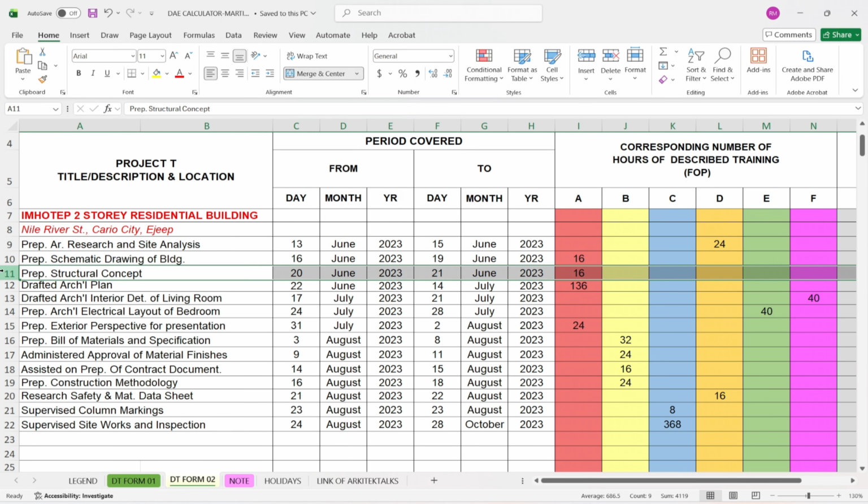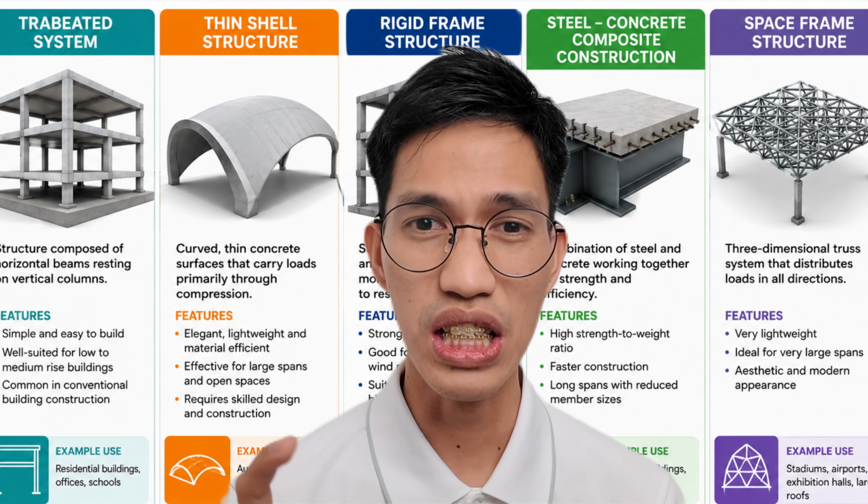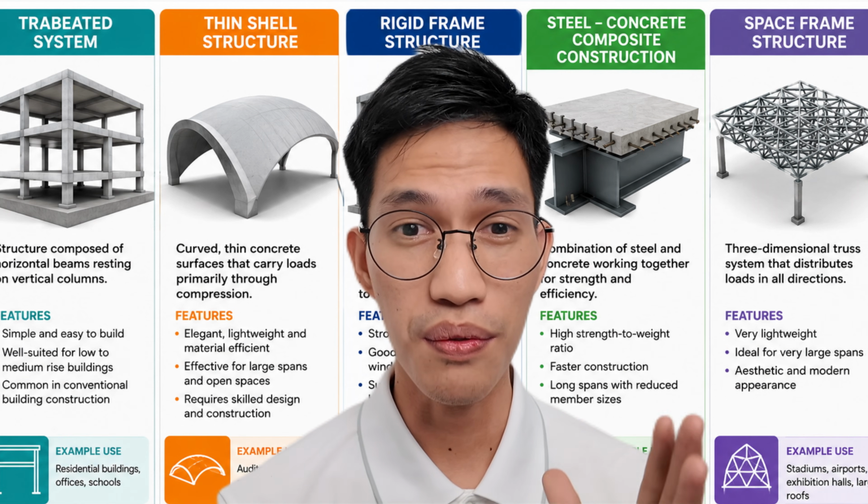Next is prepared structural concept. Structural concept is essential in planning. Like for example, if you wanna build a warehouse, ano nga ba yung concept na mas okay? Is it thin shell? Is it rigid frame?